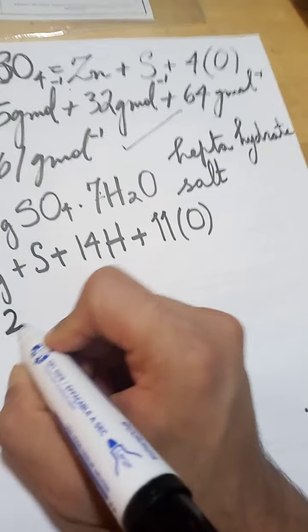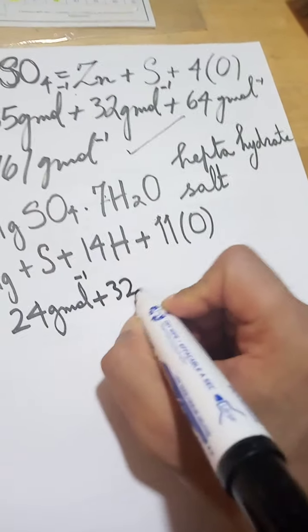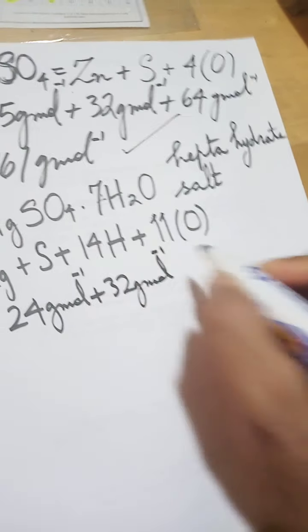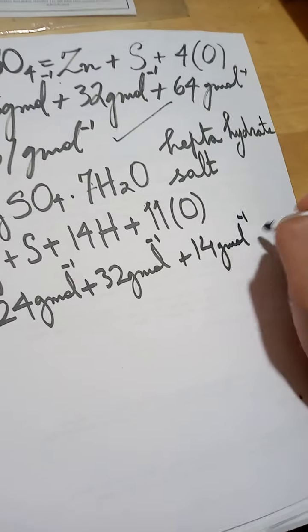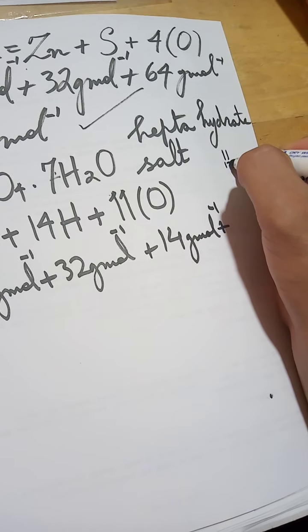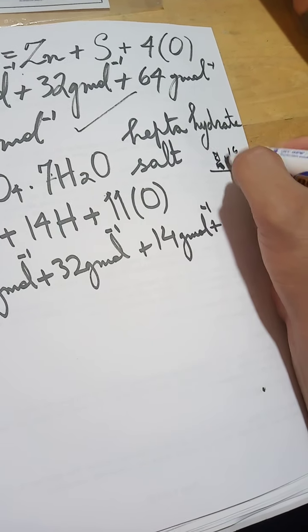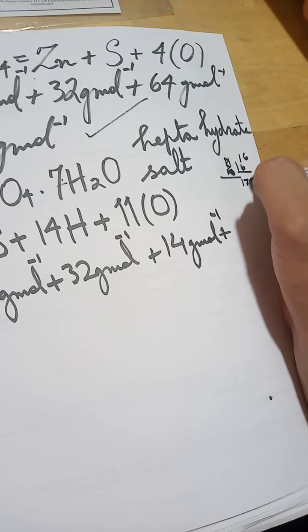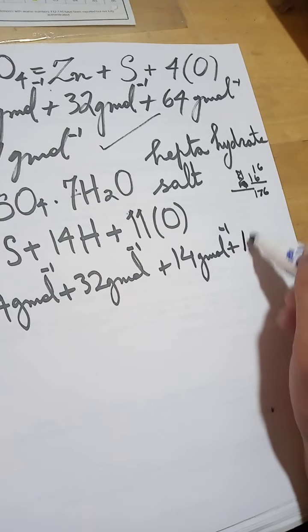So that'll be 24 grams per mole plus 32 grams per mole plus 14 grams per mole, and oxygen would be 176 grams per mole.